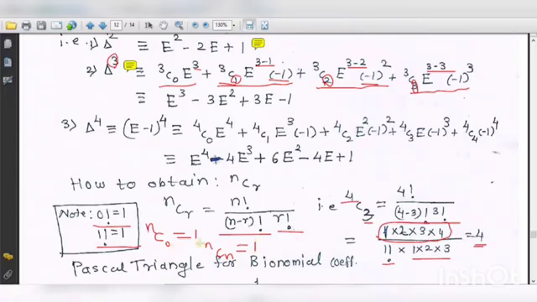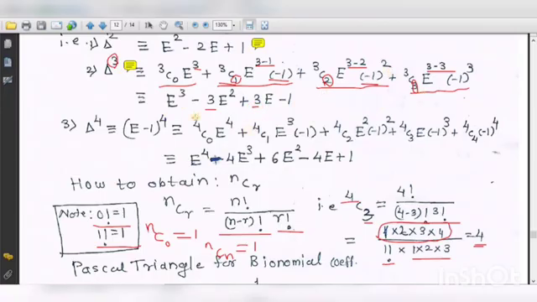So these two you have to remember: NC0 is always 1 and NCN is always 1. In the middle, we can use this formula to get the values. So 3C1 equals 3, 3C2 is also 3, and 3C3 is 1, 3C0 is 1.